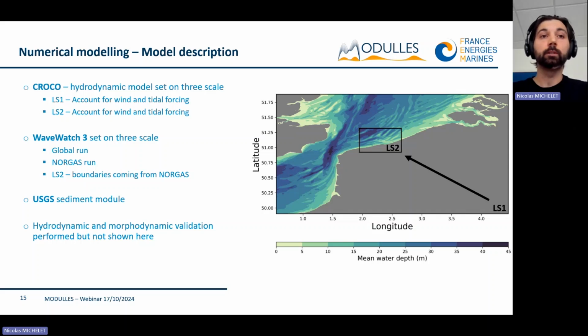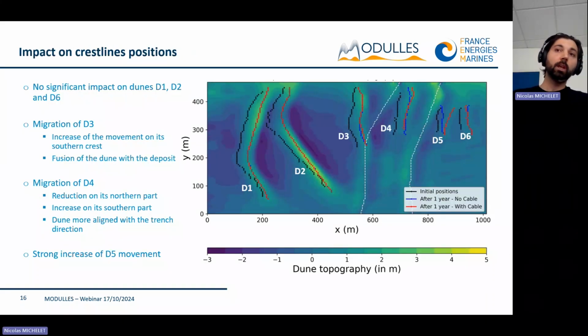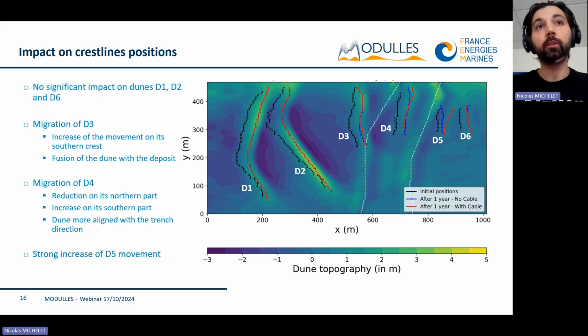I will not show you this here, but in our case, we also did hydrodynamic and morphodynamic validation against in situ measurements. But I do not have enough time to show you all of this.